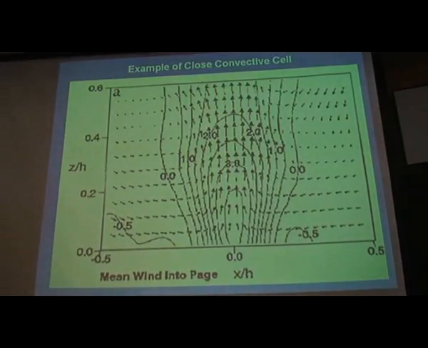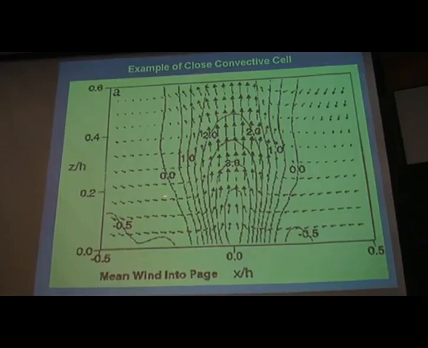And in the atmosphere we have a nice possibility to measure velocity directly. Here you can see velocities and temperature, or difference in temperature, and we see a cross section of a convective cell.